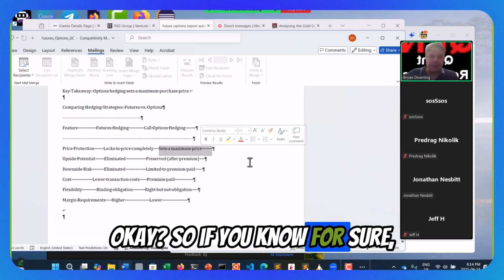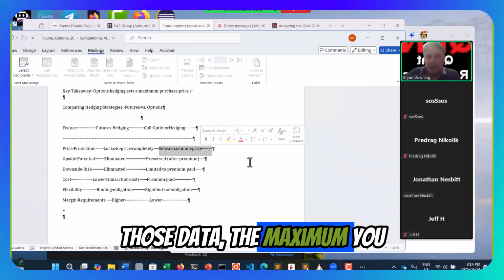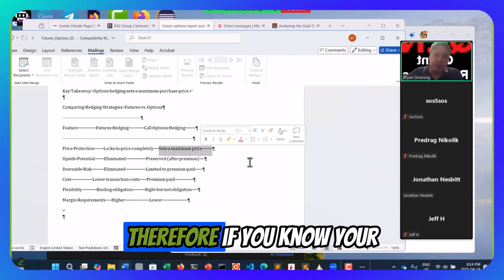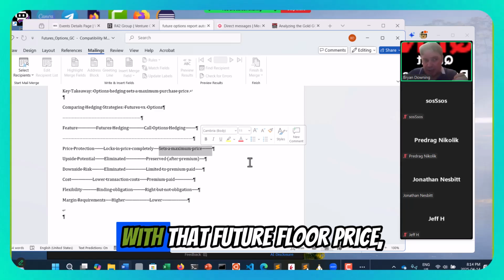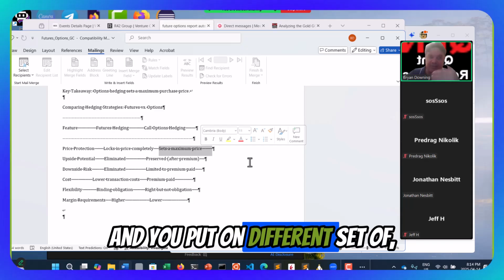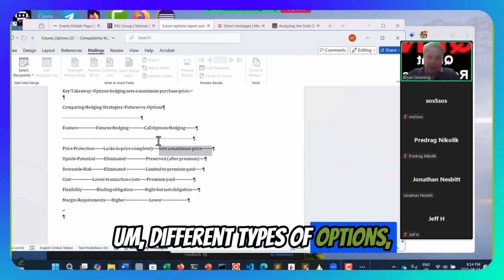Combined with that futures floor price, you put on different types of options, and it works.